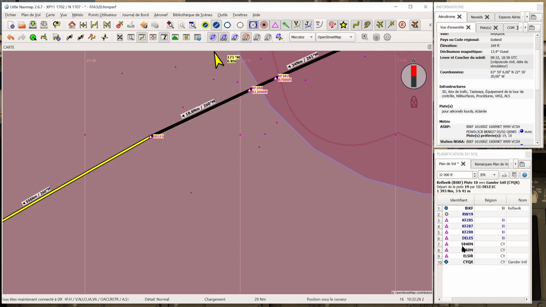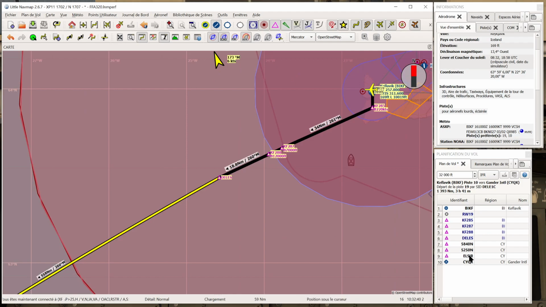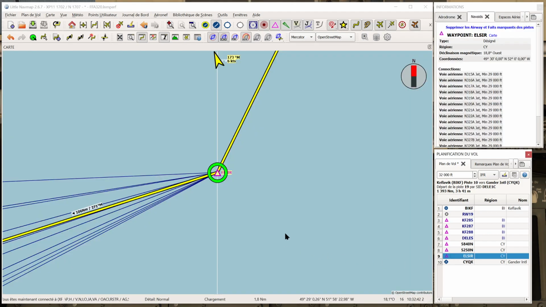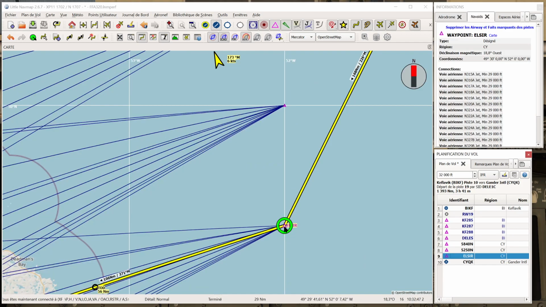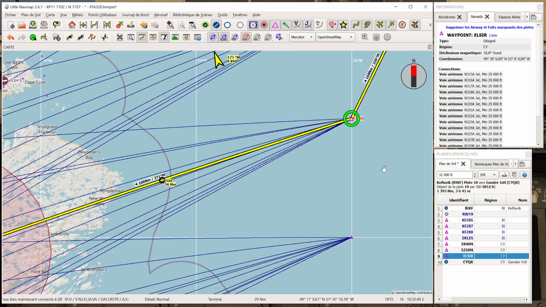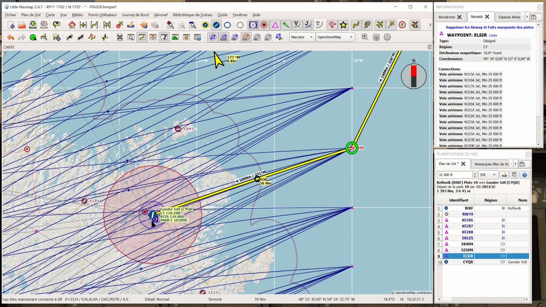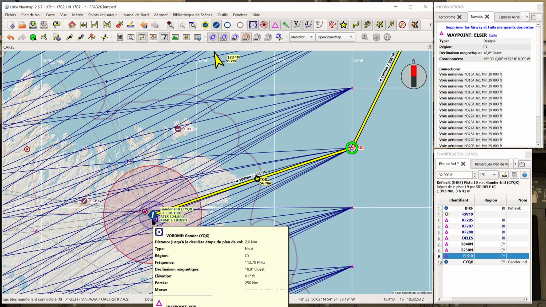Then we will have two oceanic waypoints at 58 west 40 north and 52 west 50 north, and then the arrival via the ELSIR, which is the last oceanic entry point, and from ELSIR we go direct Gander. So that is the plan.